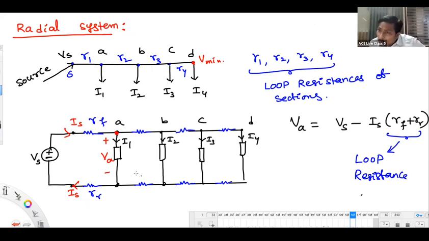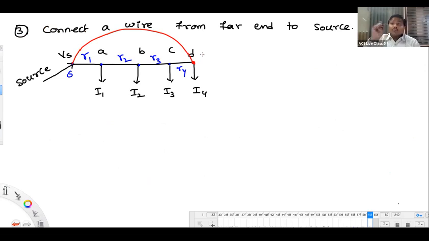You have a loop between the forward and the return, but you don't have a loop within the forward wire. That's the meaning of the radial system. But here, after connecting that wire, there is a loop formation in the forward wire and in the return wire. That system we are going to name as a loop system or ring system. So by converting the radial system into a ring, definitely the voltage profile is going to be improved.